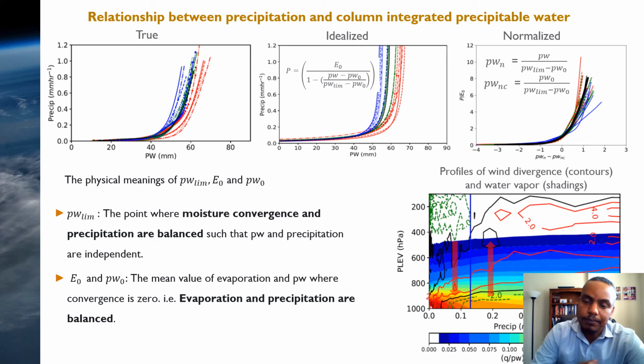Therefore, these quantities are basically telling us about the relationship between the depths of the clouds and the production of precipitation. So this behavior represents the relationship between precipitation and precipitable water, and also ultimately the climatology of tropical precipitation.